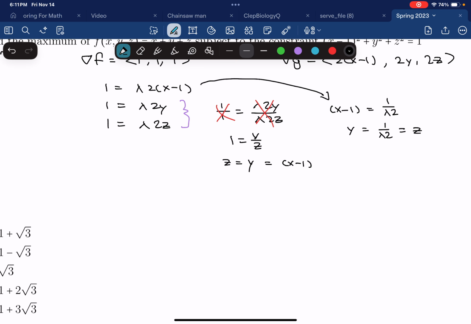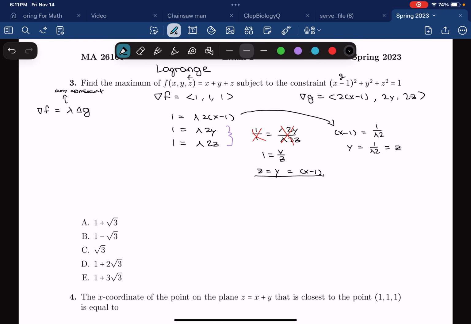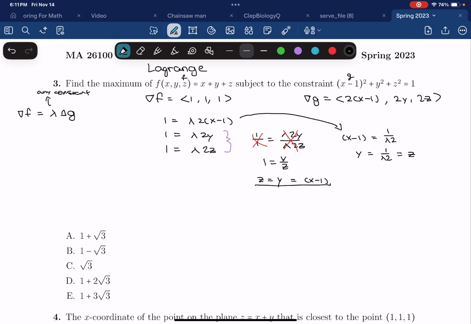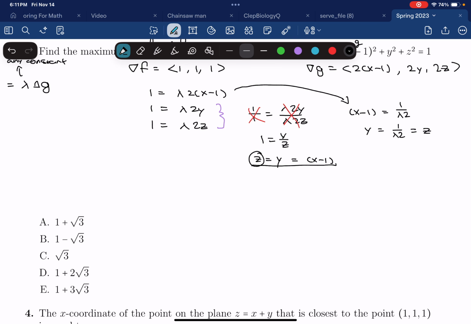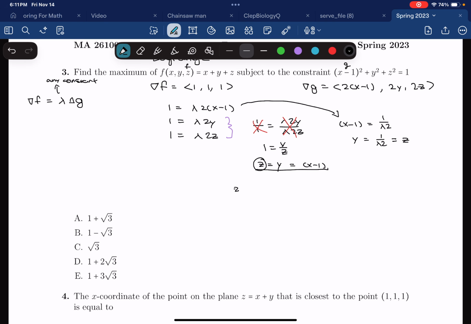Okay, so now we have these. So what am I going to plug into here? Well, I'm just going to choose something simple. Let's just say z. So in this case, you plug in z for everything.